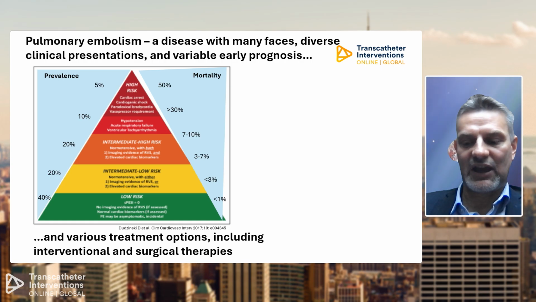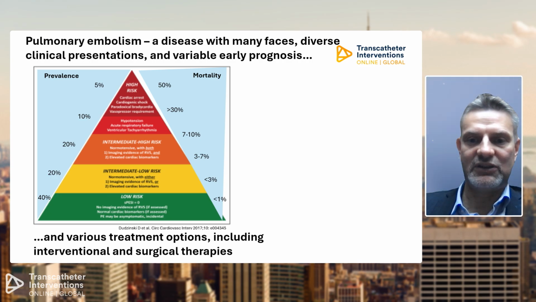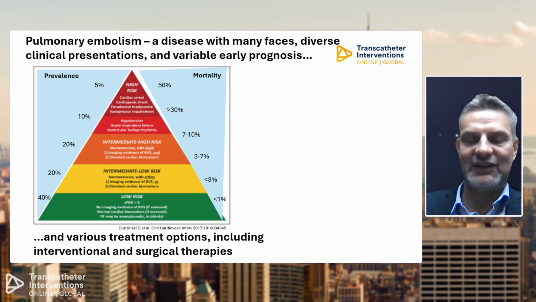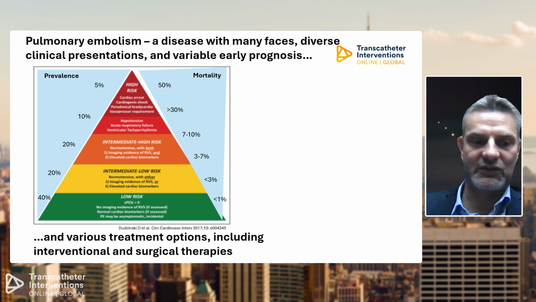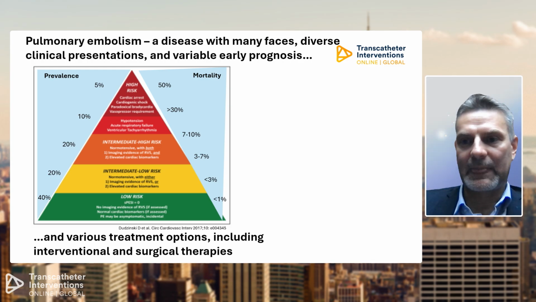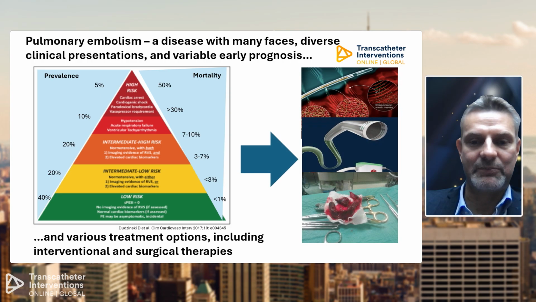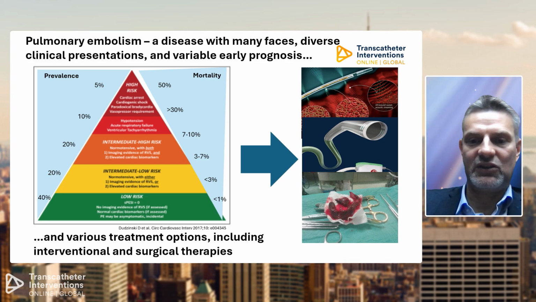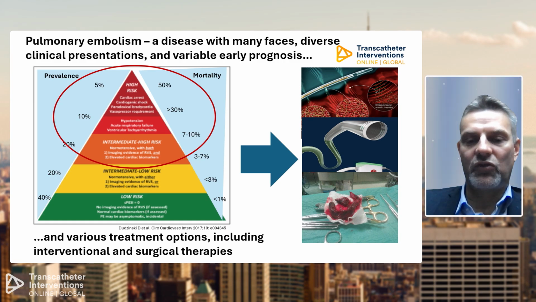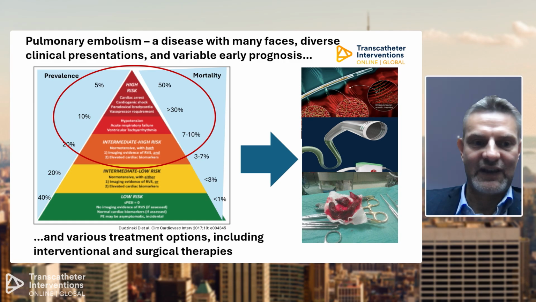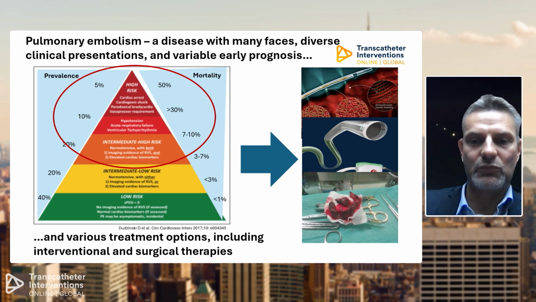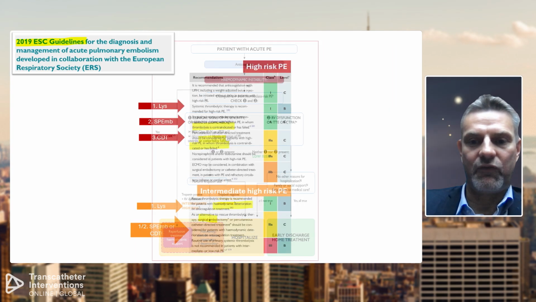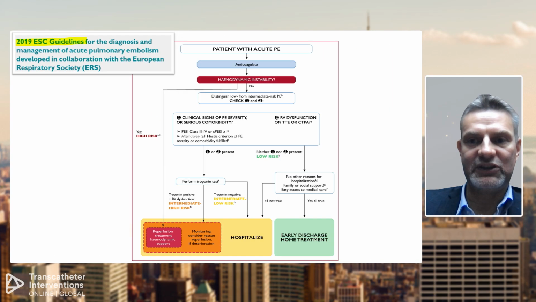And of course, we have treatment dependent on these risk stratifications, with different therapeutic options, including interventional and surgical therapies. This reperfusion treatment is for patients with the most severe forms of pulmonary embolism.